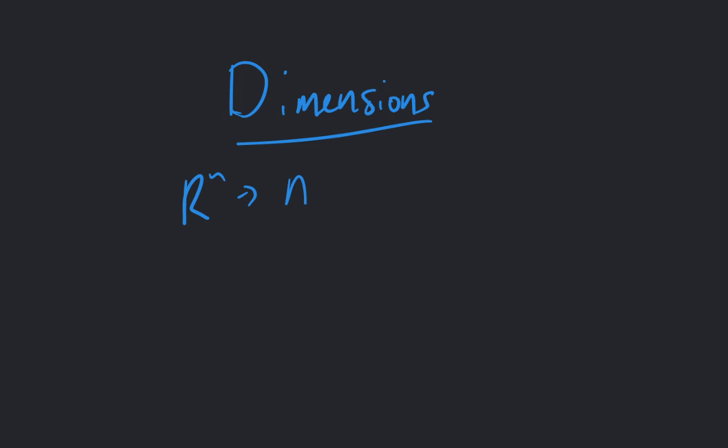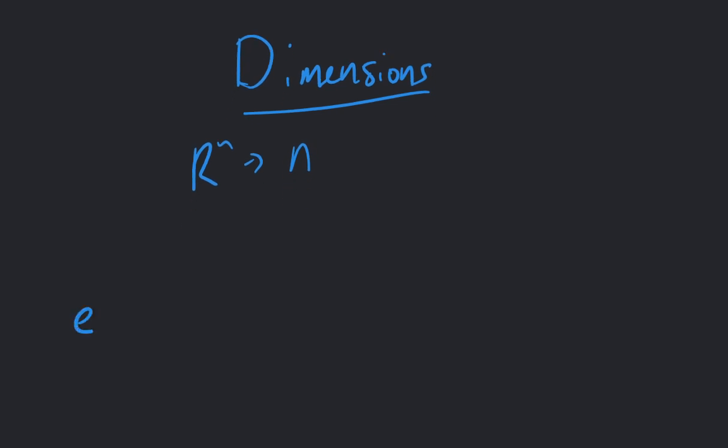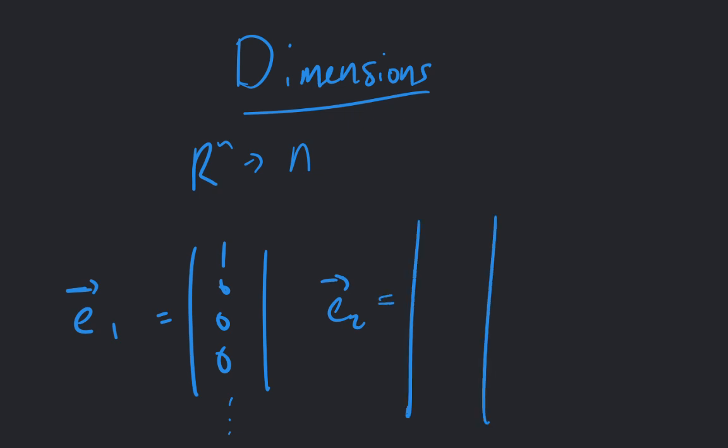These basis vectors are written like this, where you have 1, 0, 0, 0, dot, dot, dot. And this is assuming it's a nearly infinite or even infinite dimensional.